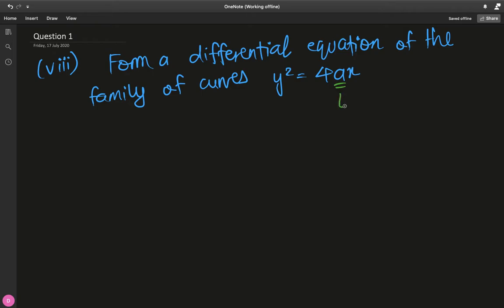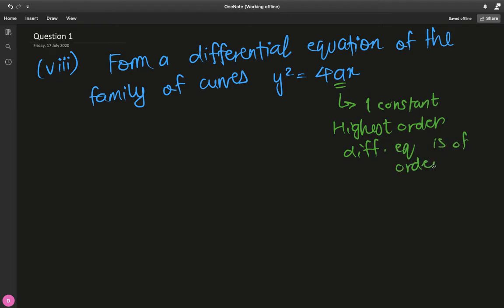Since there is one constant, the highest order differential equation you can form is of order equal to the number of constants. So order 1 because there's one constant. If there was a and b, then the highest order of differentiation would be 2.